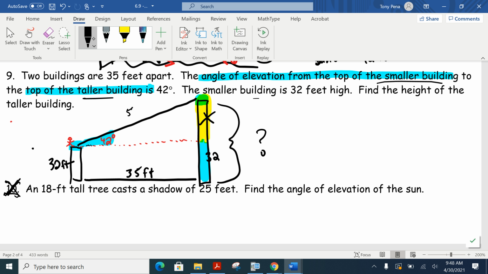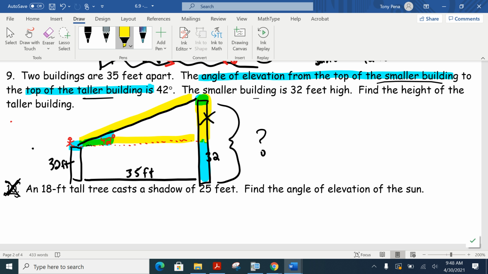So I could do a sine, because opposite over hypotenuse. Let's say I had a 5 right here, then I have the opposite and the adjacent. I could do a tangent. Do we have either one of these two sides currently marked with a value? No, so that's a problem because we don't have enough information right now.